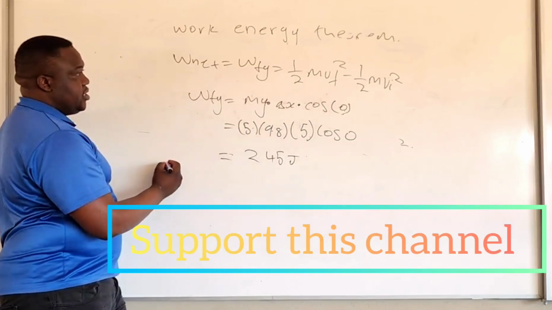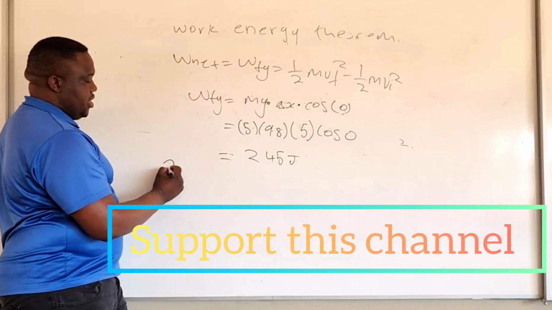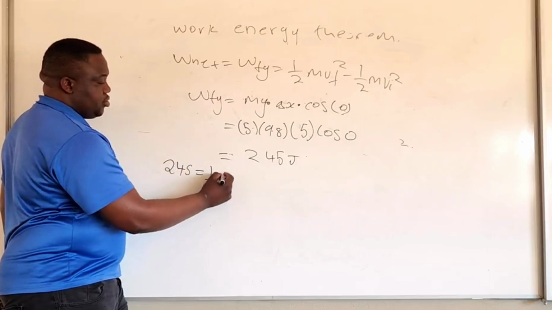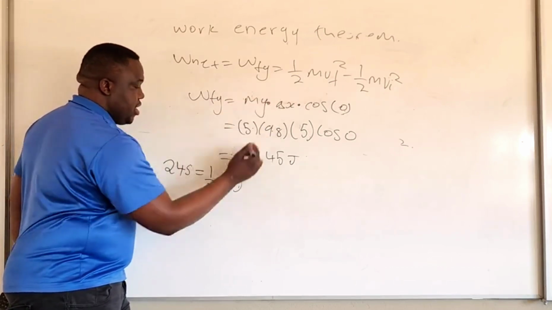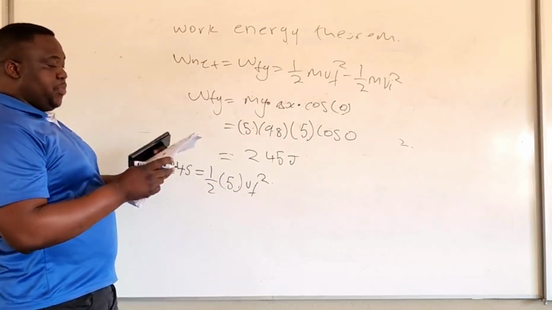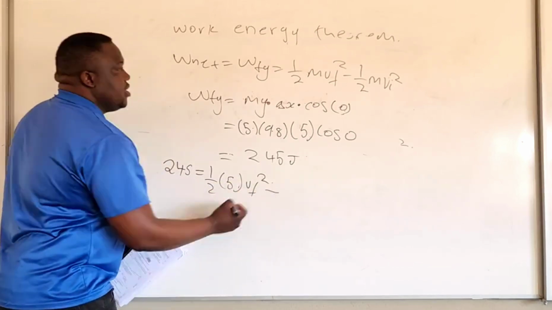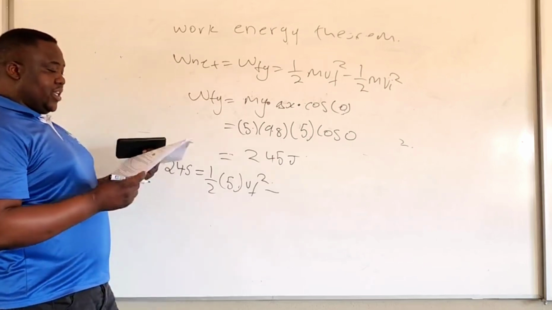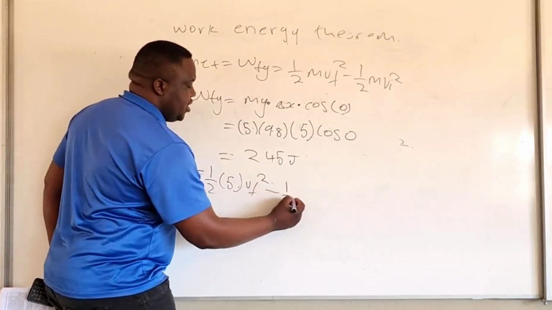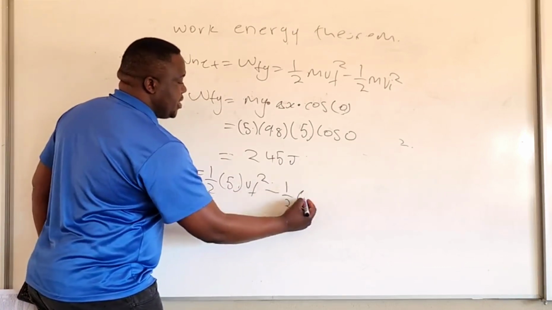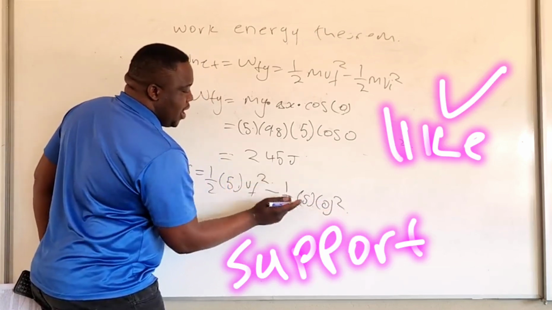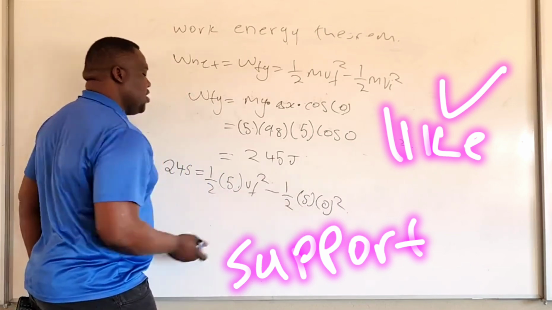So if we want to calculate that, we say 245 joules is equal to 1/2 mass, substituting here, then we're calculating Vf, the final velocity at P. The object was released, meaning that its initial velocity was 0. You were supposed to write 0 here, but I will write everything like this. So half multiplied by 5 multiplied by 0, everything becomes 0.